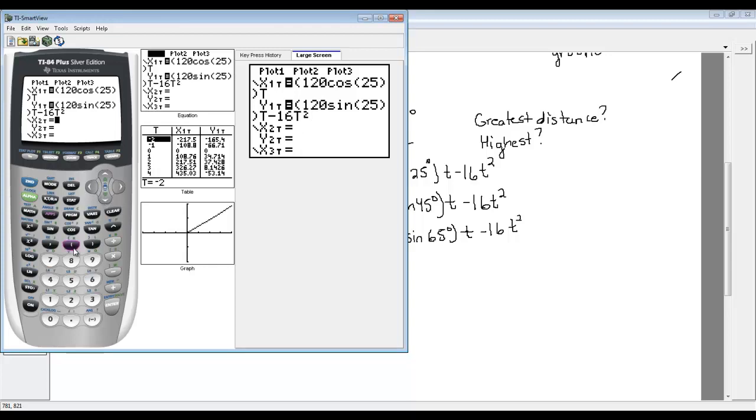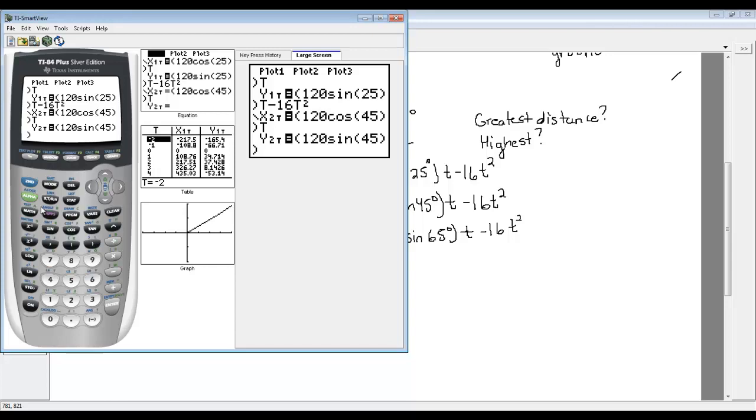Golf ball 2, we're going to have 120 times the cosine of 45 degrees t, and then 120 times the sine of 45 degrees times t minus 16t squared.